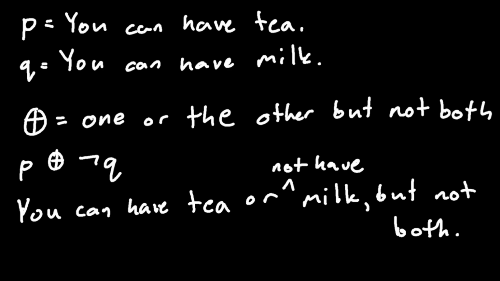I guess I just put the not in there to show you that you can use nots in here as well, because these are called compound propositions. There's probably more than one logical operator most of the time. I've been showing you guys very simplistic examples, but that's how you use the exclusive or.